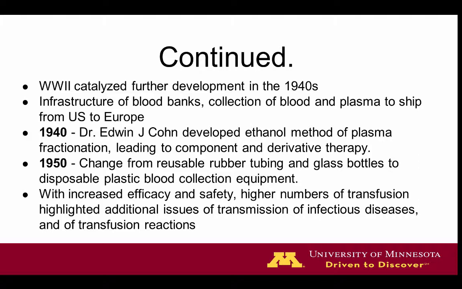However, with all these new discoveries improving both the efficacy and safety of transfusion, it also highlighted more issues that still needed to be worked out, including the high number of transfusion-related infections, transfusion reactions, and other potential issues.